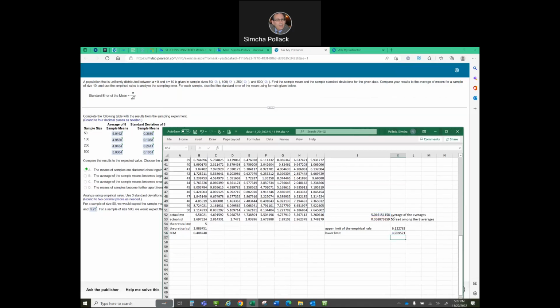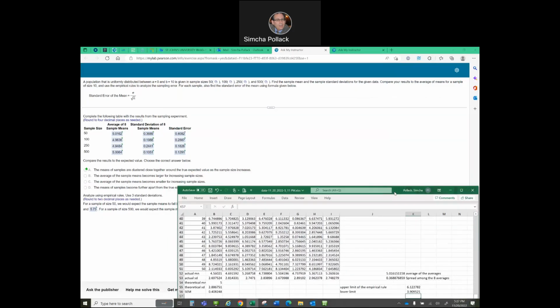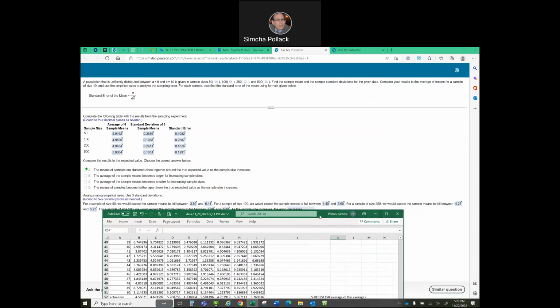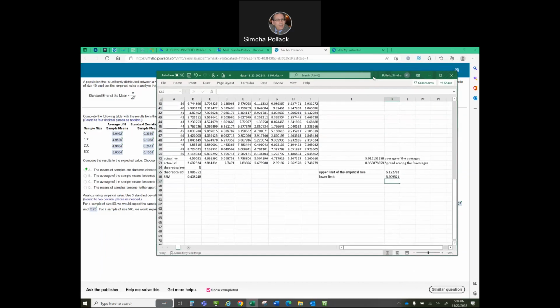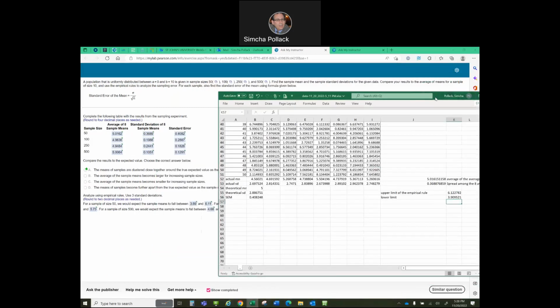Enter. 3.90. And how is it? 3.89, or off by a little bit. That's annoying, and I'm not sure what's happening here. It's still been marked right. So you're allowed a 0.10 leeway. And that's how you do it for 50.